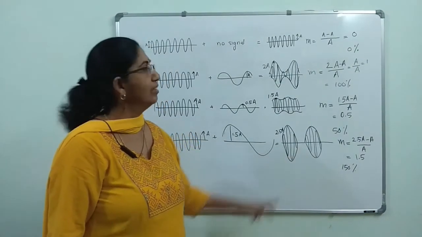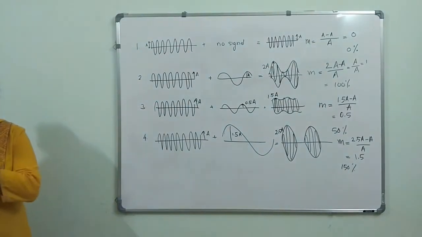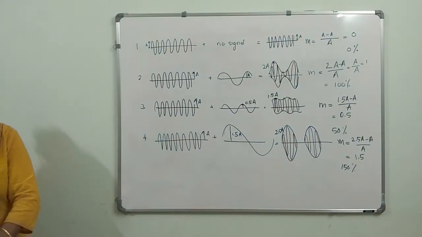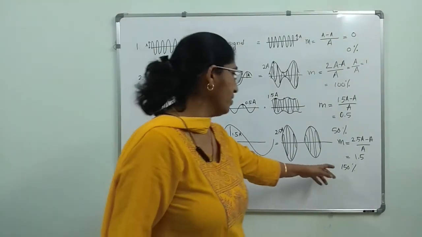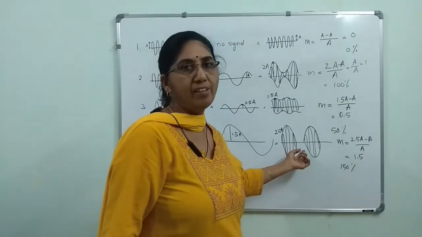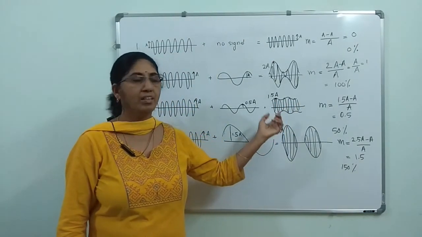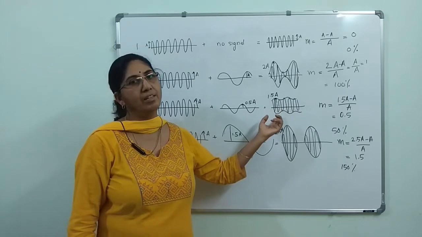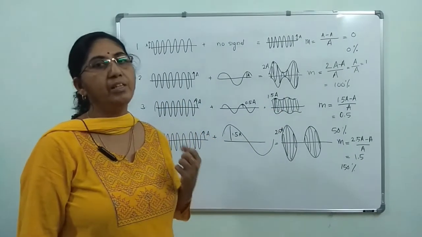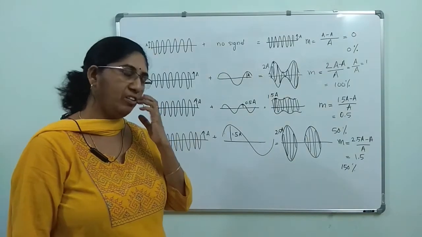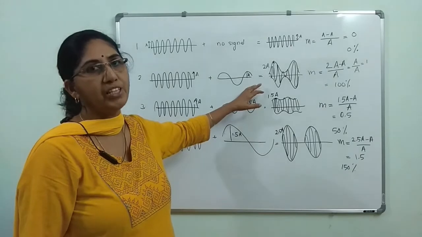Is it not? Just go through the figures once more. So if the modulation factor is greater, some part of the signal will be lost. And if the modulation factor is very less, the signal strength will be less. So that will affect our signal transmission, reception and effective communication. So we should have an optimum value for the modulation factor.